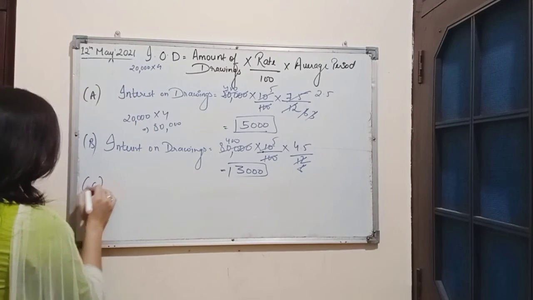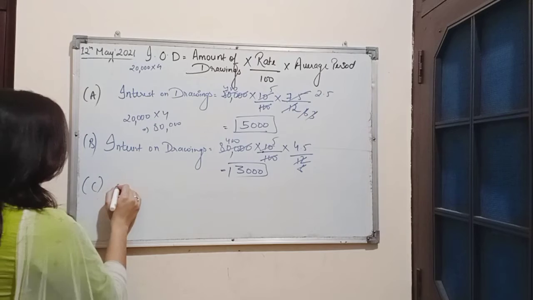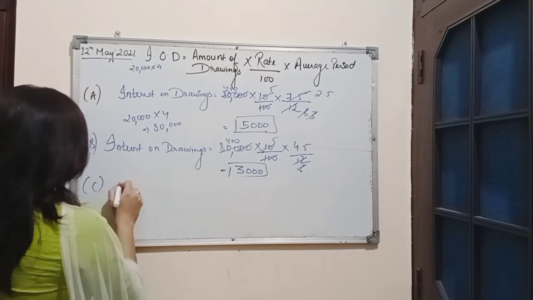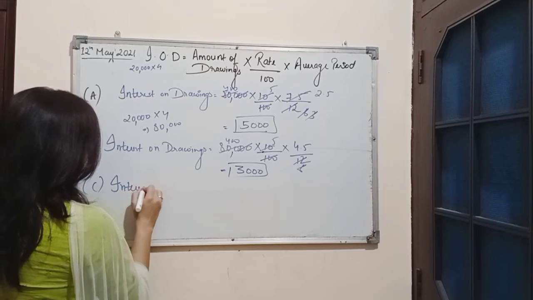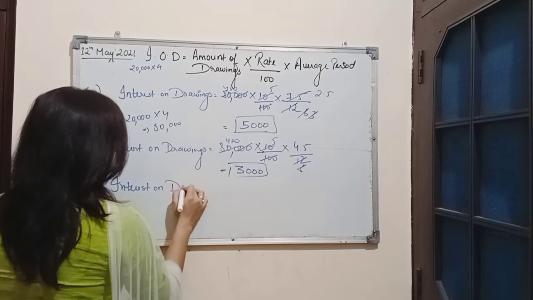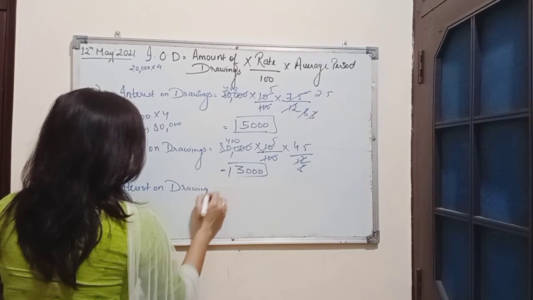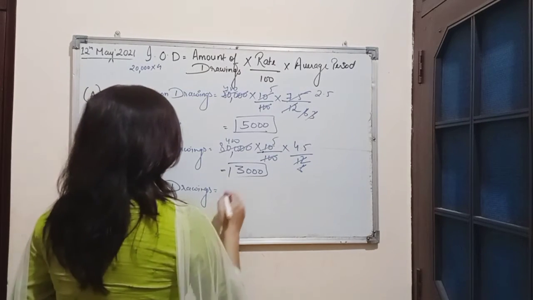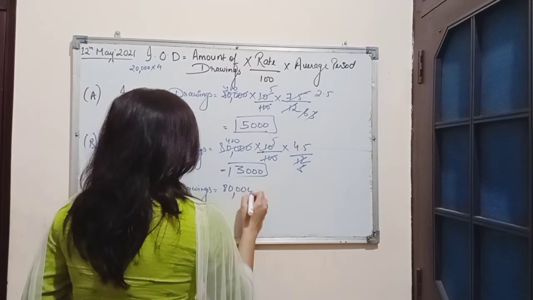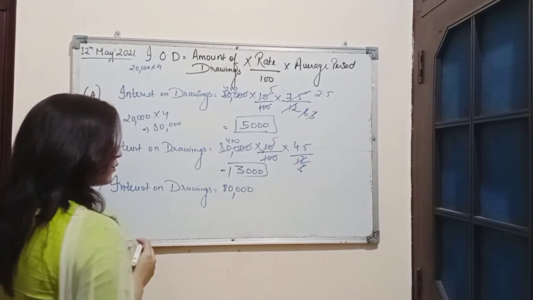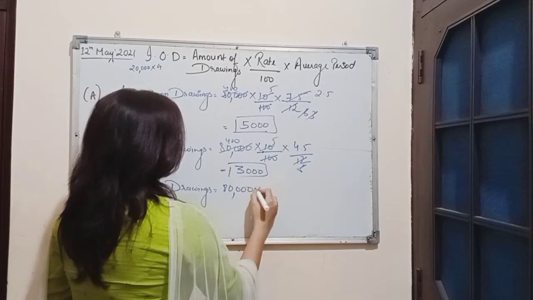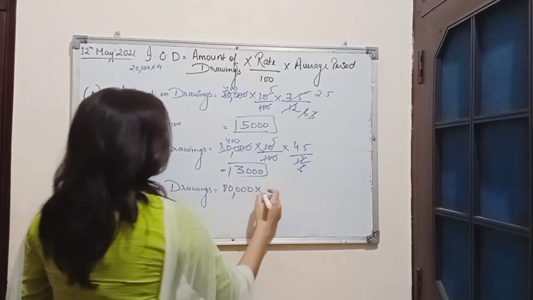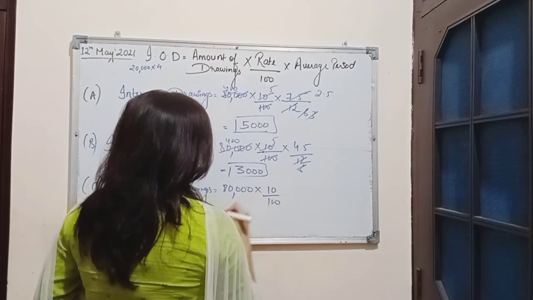Now solving the last case where the partner is withdrawing the amount of drawings in the middle of each quarter. So for calculating interest on drawing, we'll put the value in the formula. Again, he is withdrawing the same amount, 20,000 in each quarter. So if we calculate it by multiplying by 4, we will get the amount 80,000. This 80,000 is withdrawn by the partner in the whole year. Rate of interest on drawing is 10%.